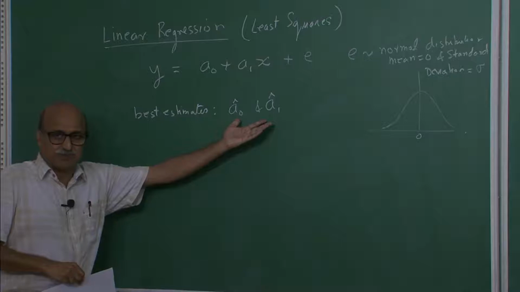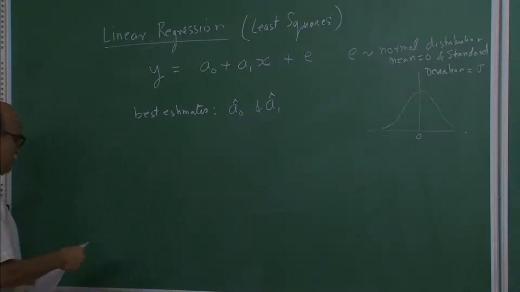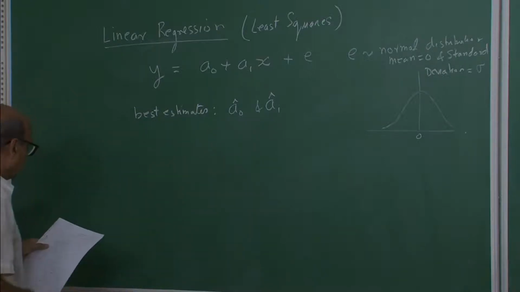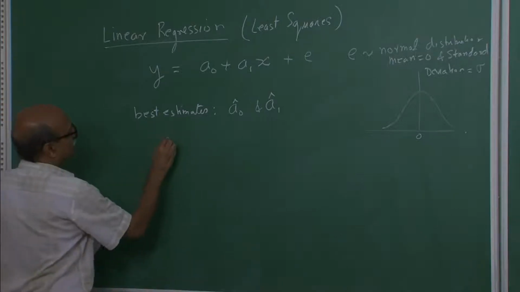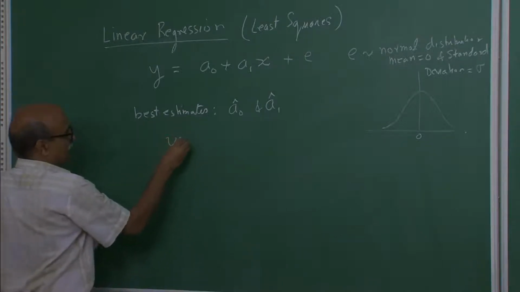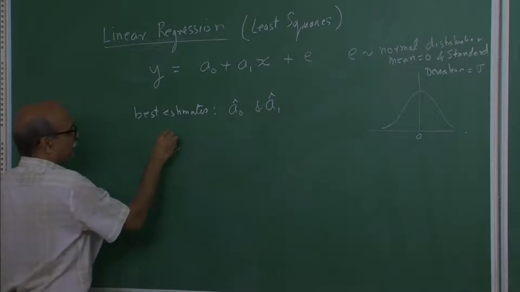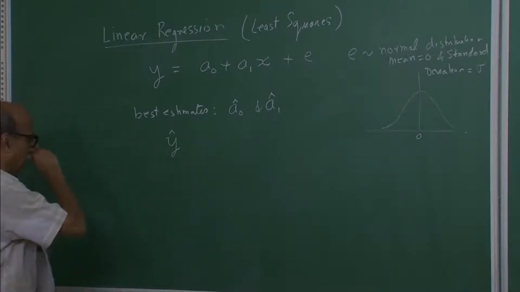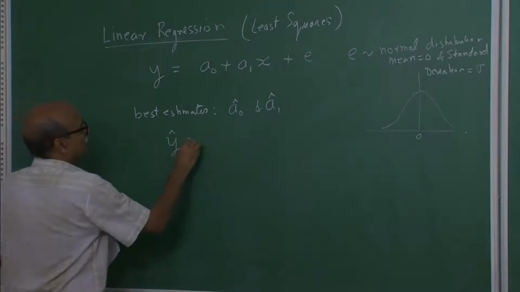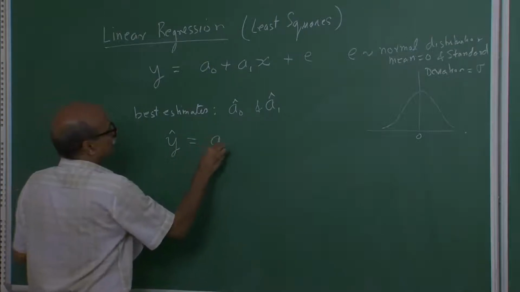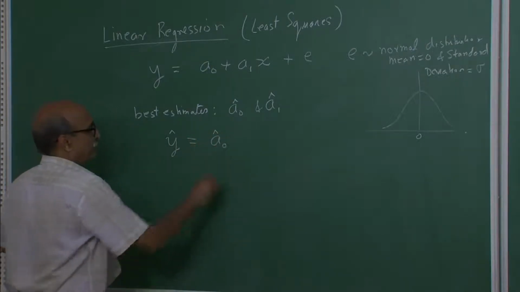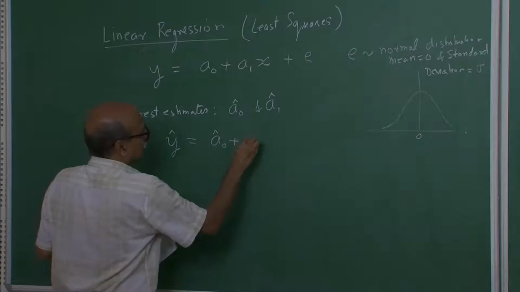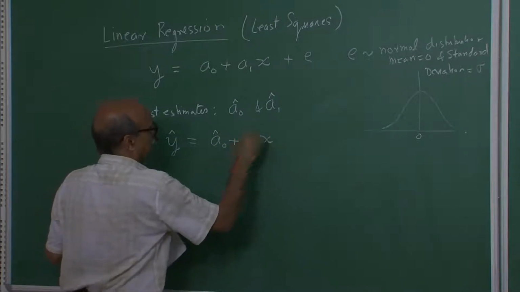Once these best estimates have been made, the predicted value of y from these estimates, we will call y cap, which is equal to a0 cap plus a1 cap x.